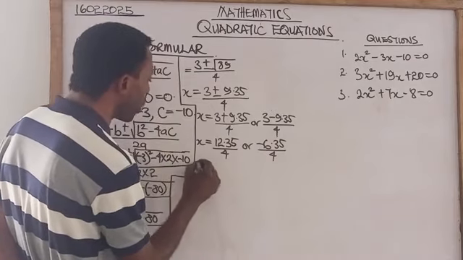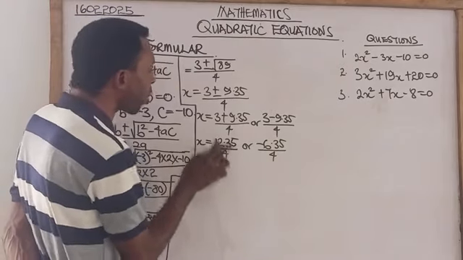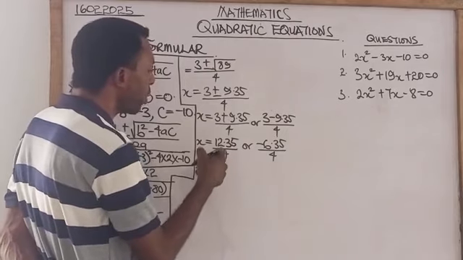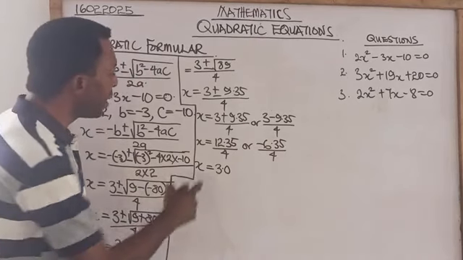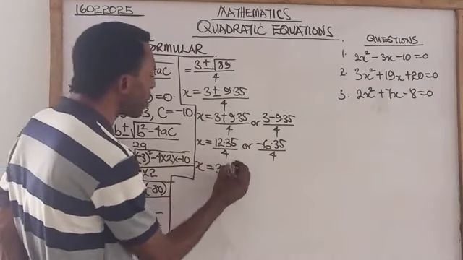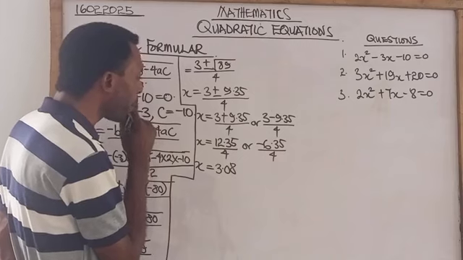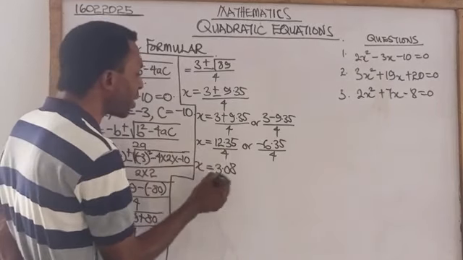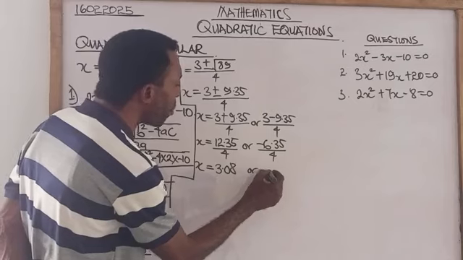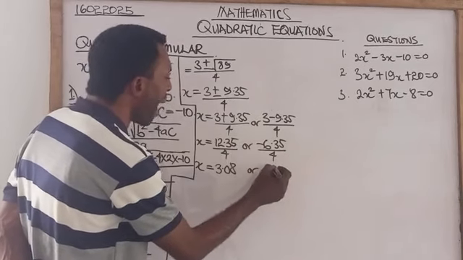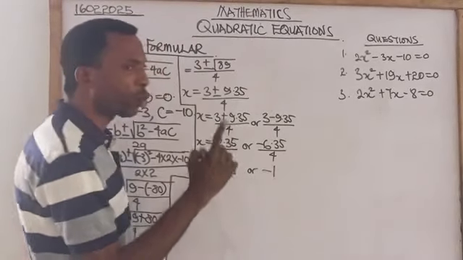Now we get the value of x. 4 goes in 12, that will be 3. 4 goes in 3, impossible, that means you have 0. Then in 35, 4 goes 8 times, it remains 3. That 3 becomes 30, and 4 goes in 30, that will be 7. But we can leave the answer there. Or for the minus one, 4 goes in 6 once, it remains 2.